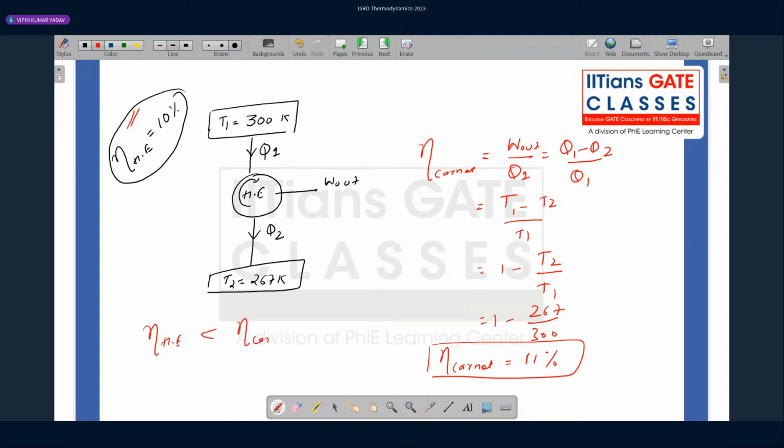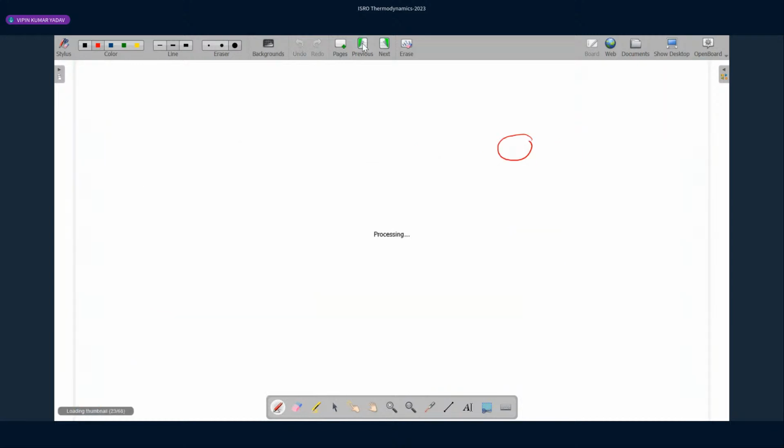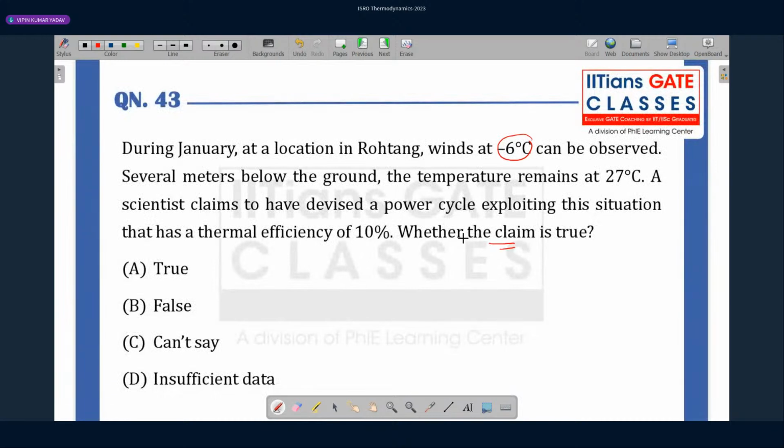than the efficiency of Carnot, it simply means that this device is possible. So this claim, the claim that the scientist is making, could be true. Okay. So whether the claim is true, yes.